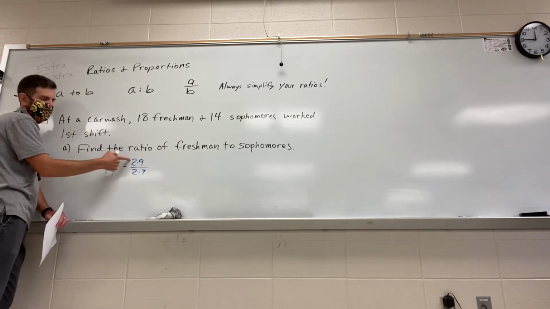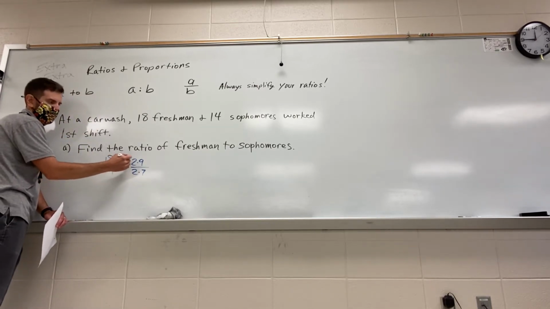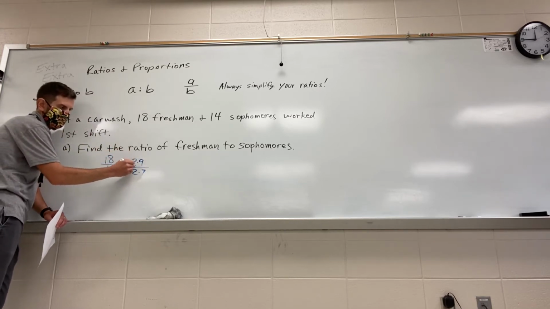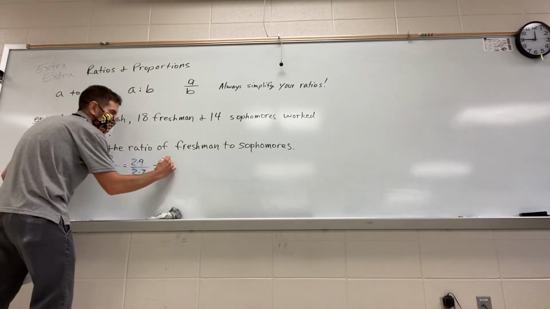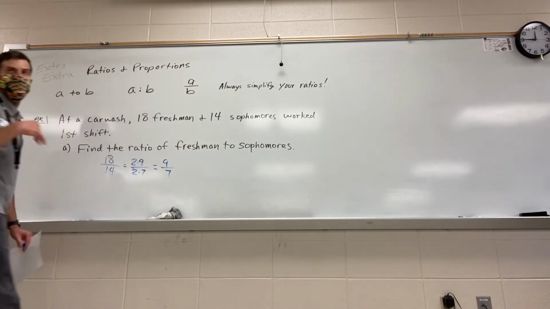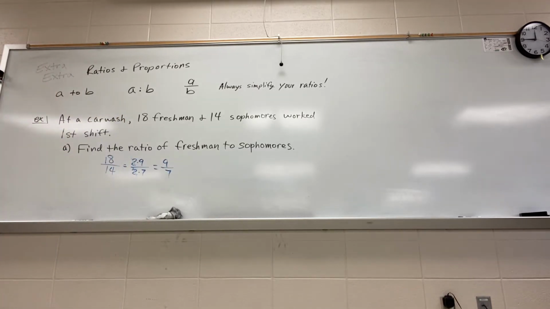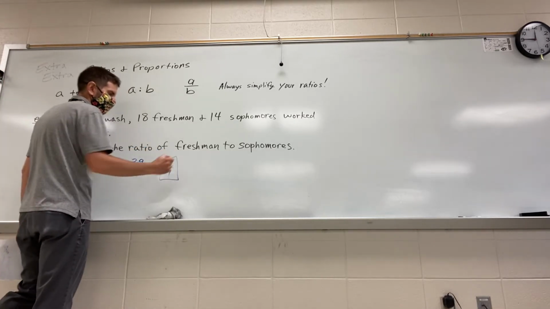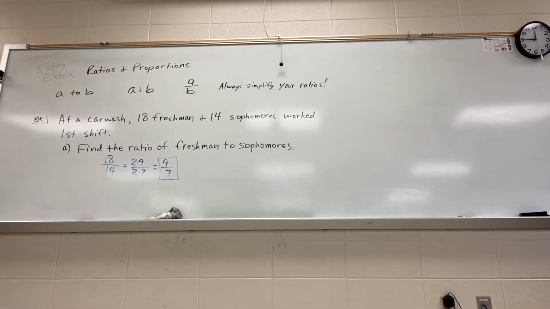What is 2 divided by 2? 1, so it doesn't show up anymore. That's a way to simplify a fraction if the numbers are more complicated: rewrite it as factors and see if you've got common factors. So the ratio of freshmen to sophomores is 9 to 7, or 9 over 7.